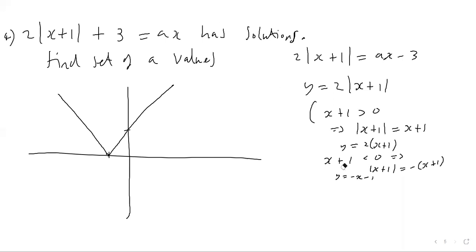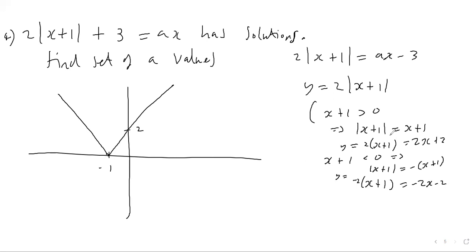And with this one, similar story, we're going to do -2 times x plus 1. So yeah, when we expand the brackets, we get 2x plus 2 in the positive half and -2x minus 2 in the negative half. So this is certainly a 2 there, and this is certainly a -2 there. So apologies for that. Actually, no, sorry, that's a -1. Sorry, apologies again.